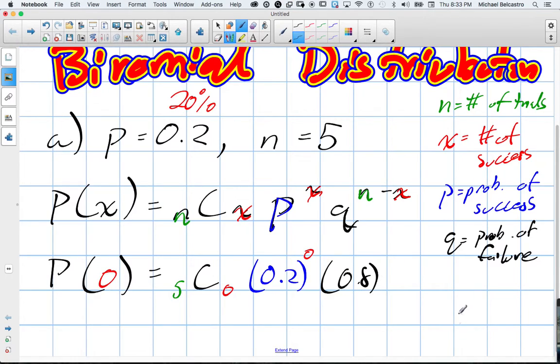In terms of a relationship, P is equal to 1 minus Q, and 1 minus P is equal to Q. They have a relationship to each other because they have to add up to 1. P plus Q must equal 1. And N minus X, in this case, gives us the power of 5.